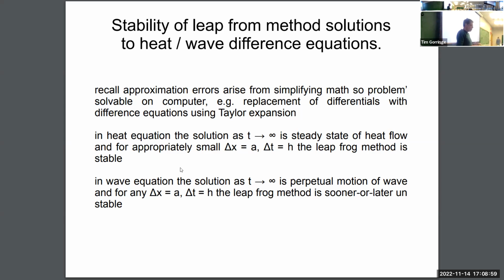That means that sooner or later, approximation errors due to the fineness or the coarseness of the space-time grid are going to start to distort your numerical calculation. And in the end, they will overwhelm your numerical calculation and you'll just see noise in your solution.